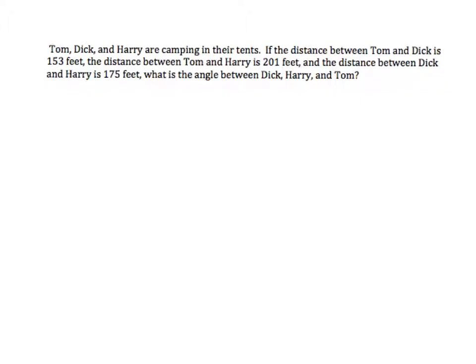Tom, Dick, and Harry are camping in their tents. Okay, so there's 3 tents. We'll put them here, here, and here. It doesn't really matter where I put them as long as it's 3 tents.